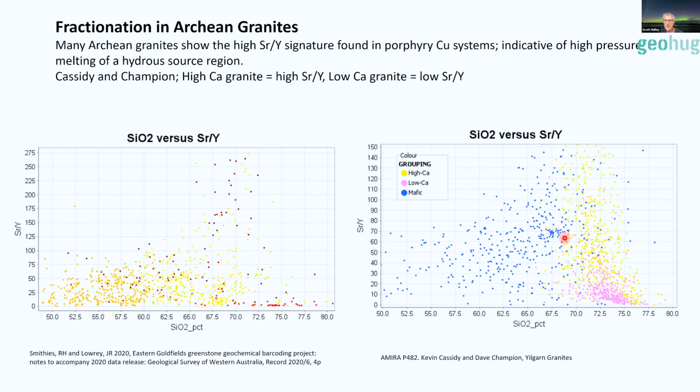Really, really important. And when these kinds of magmas are in place at shallow levels in the crust, it is inevitable that they will generate big hydrothermal systems because they're such hydrous melts. That is really, really significant.